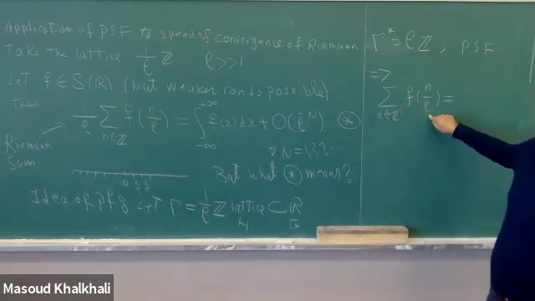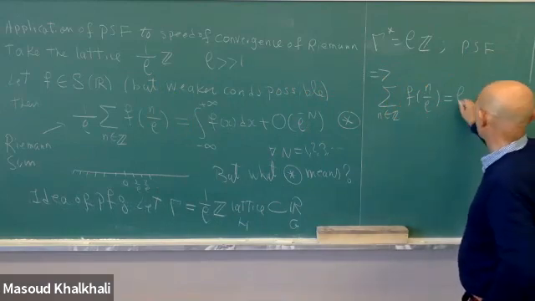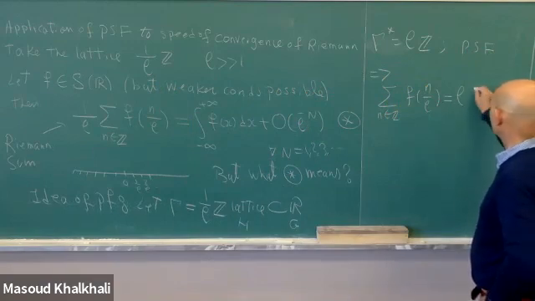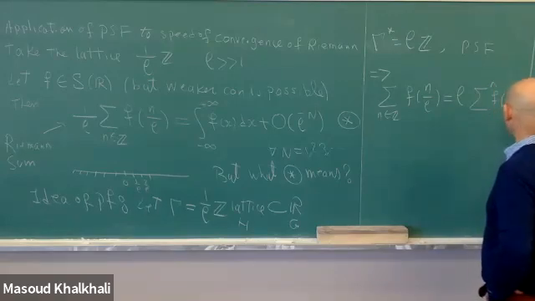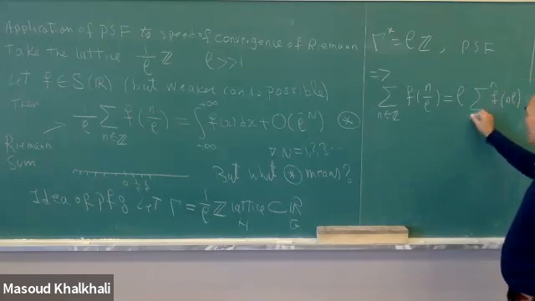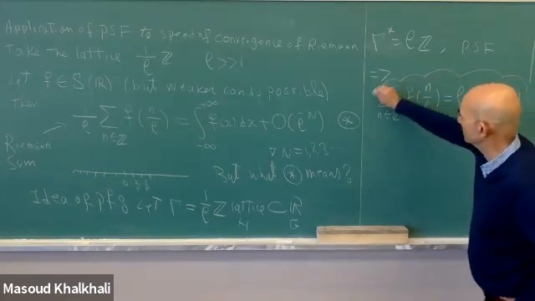Remember, we had this even for compact tori. So this is equal to L. So the normalization is L here. So the sum of f hat of nL, and then we have n belonging to Z again.